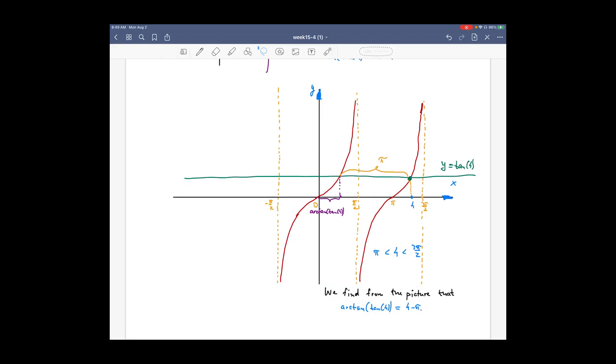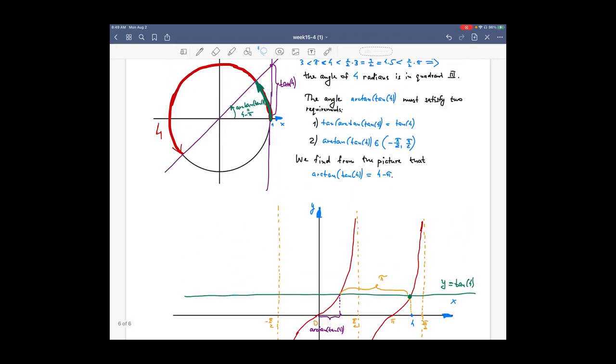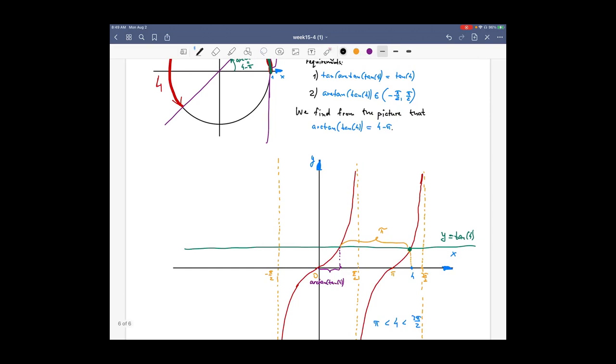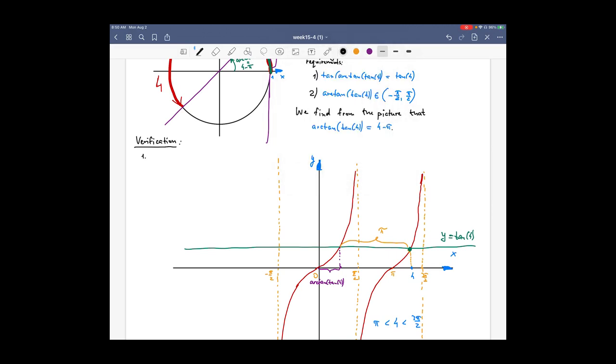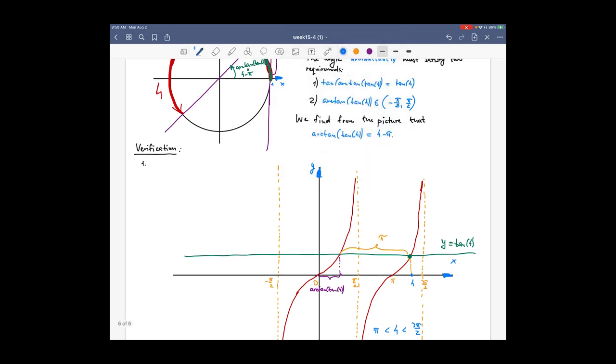And also it's interesting to verify whether our answer satisfies these two requirements. Well, the first requirement is simple. Tangent of 4 minus pi is of course tangent 4.